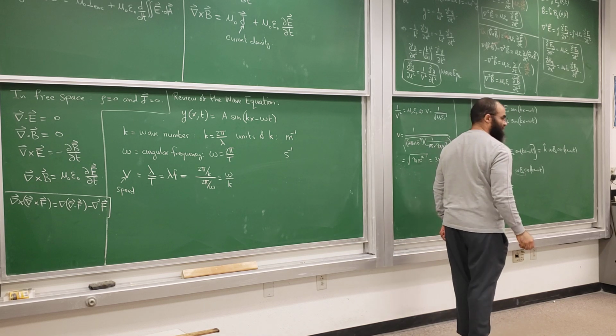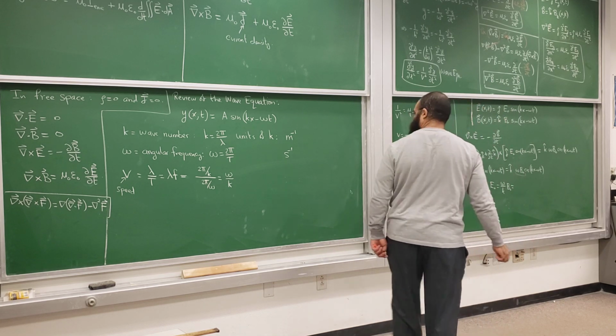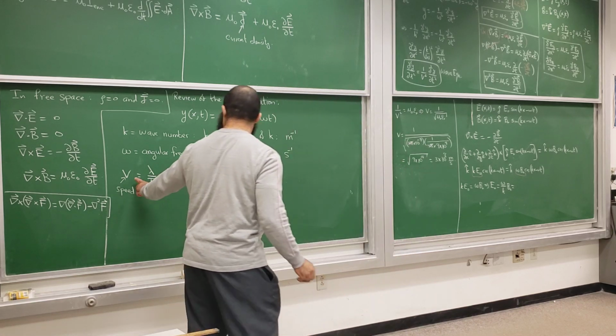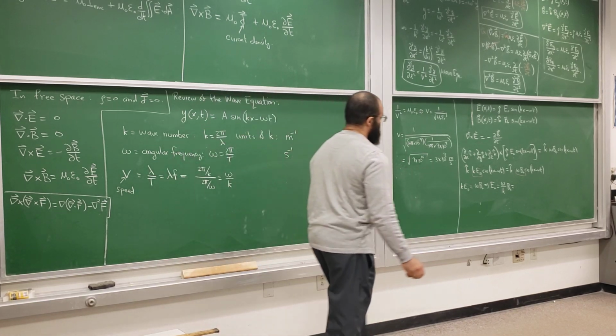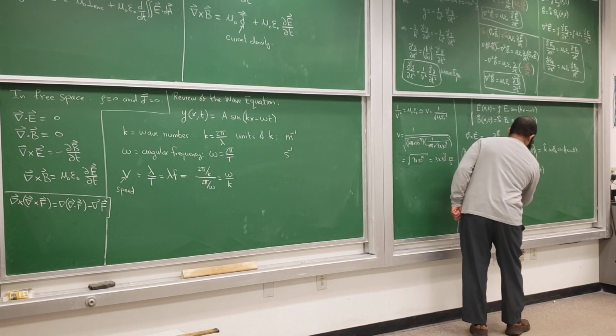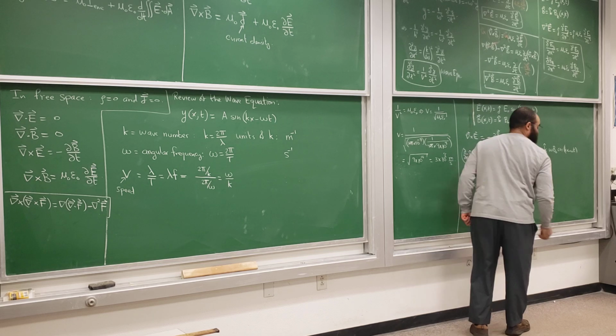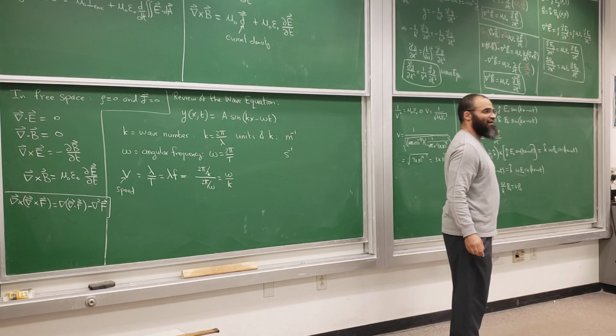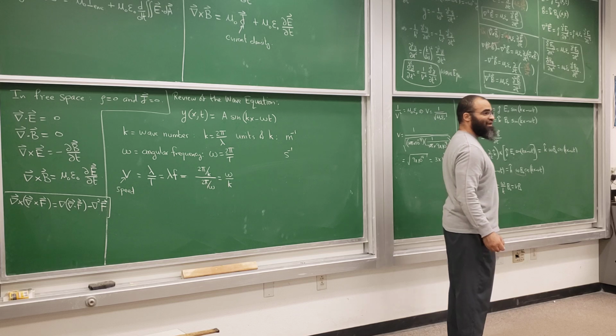What's omega over k? That's v, right? The speed, v. So we get v times B naught. But what's v? At what speed is this wave traveling?